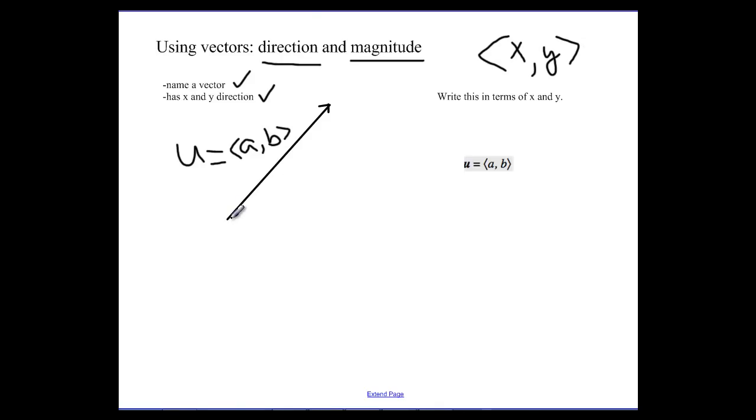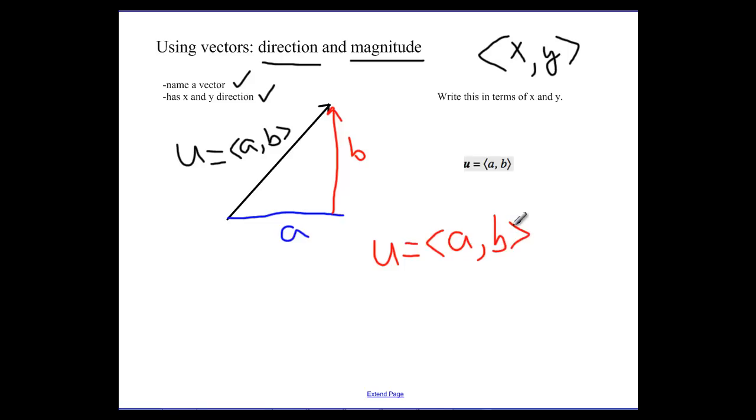So therefore, this is going to have length a, because that's my x value, and this here will have length b, because that's my y value. And the notation, these greater than less than signs, that's just the notation that says my vector u is composed of an x length of a and a y length of b.